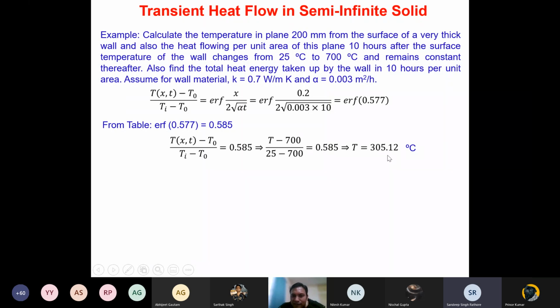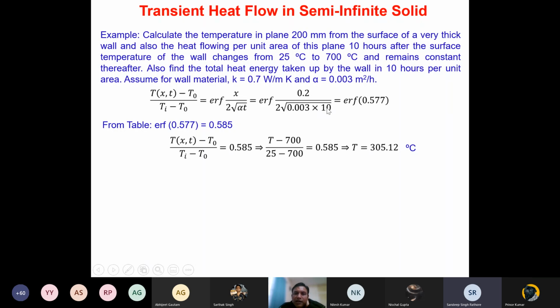Is it clear? Is it clear how we have calculated? Yes. We have used the same equation. We have just put the values of eta, and then eta we have used to calculate the error function. Error function value we have put in this equation, and then back calculated the temperature at this location, which is 200 mm from the surface at time 10 hours.